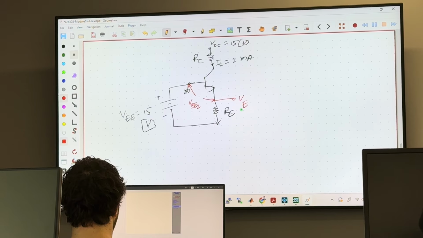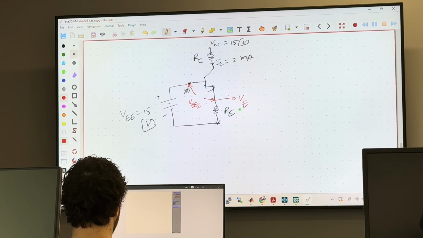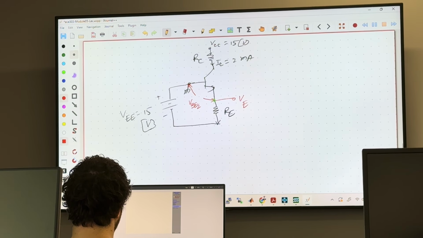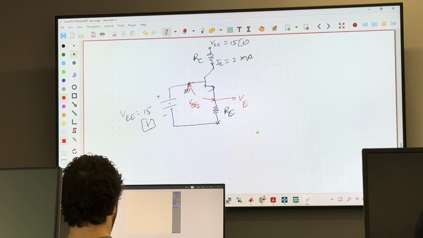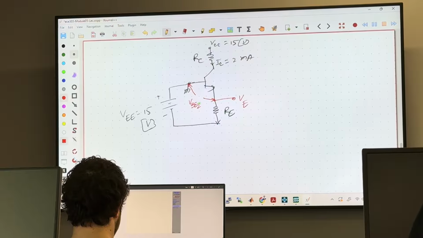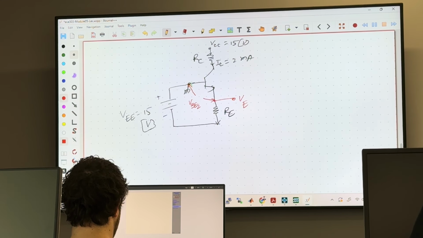Isn't it the same thing as VBE2? No, VBE is the voltage of this point with respect to this point. But this voltage is the voltage of this point with respect to ground. VBE is this voltage minus this voltage. But this voltage is 0 volt, it's connected to ground.